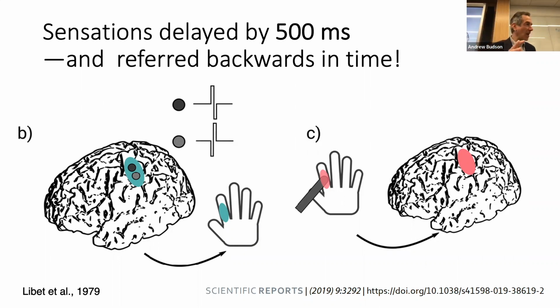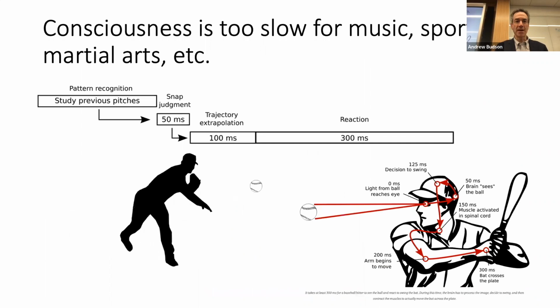The second fascinating thing is that from the subject's perspective, the stimulus occurred at the time when it began. So it somehow was referred backwards in time for 500 milliseconds.